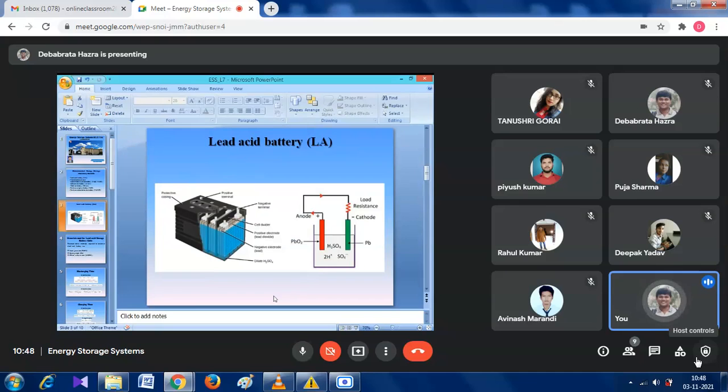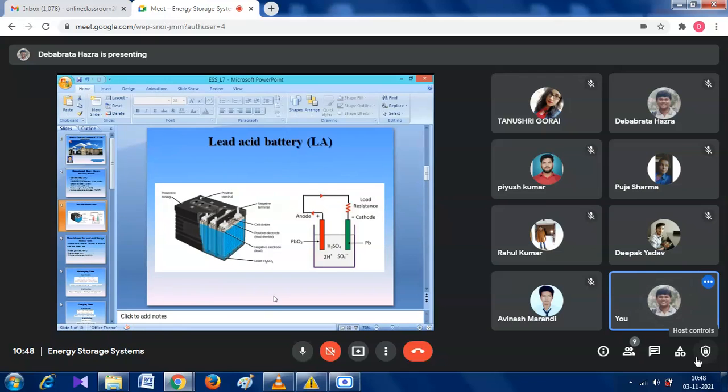What is actually lead acid battery? We use here anode as lead peroxide and cathode as lead. Actually, two anode and cathode are material of lead. One is lead peroxide and another is lead.